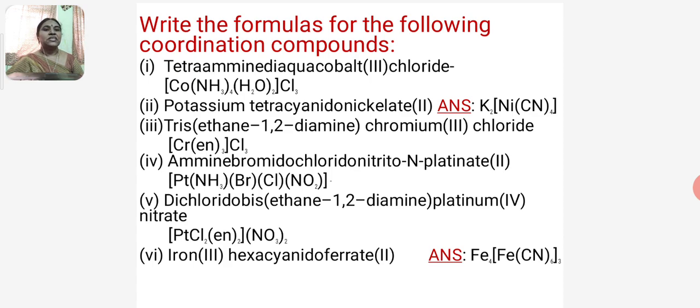Ammine is NH3, aqua is water, and with the numerical prefixes indicated, we understand that there are 4 ammonia molecules and 2 water molecules. So, we will write the formula as Co, NH3 taken 4 times.